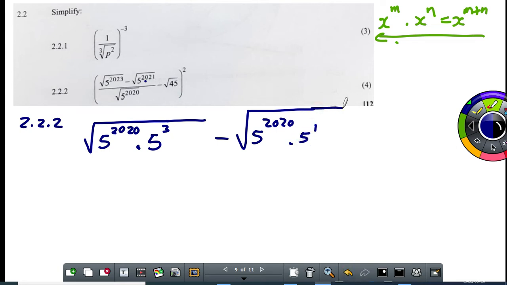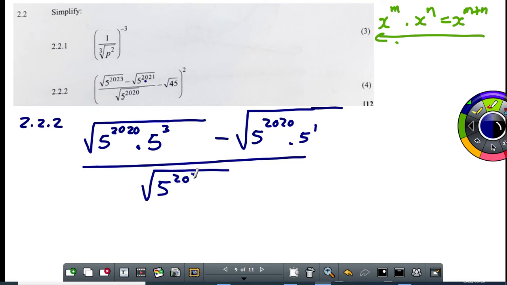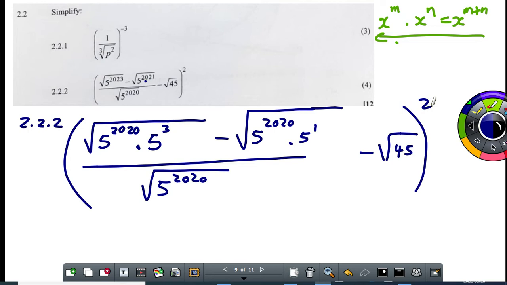Okay? Now, I'm smiling now because I've created that 5 to the power of 2020. I'm going to take it out later on. So this will be the square root of 5 to the power of 2020. Now, all this is subtracting the square root of 45, and then that answer is squared.